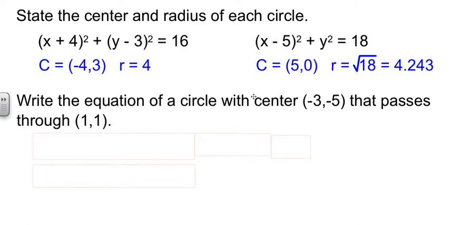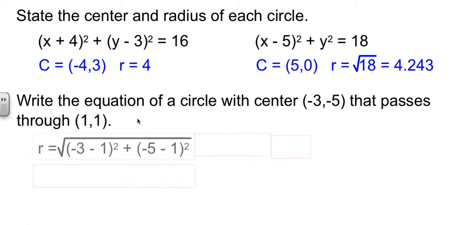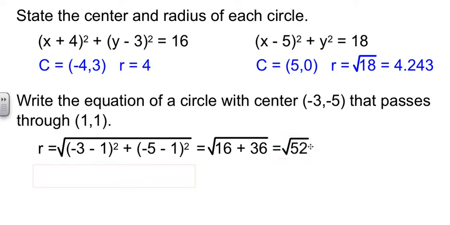We can use the distance formula, your old dear friend here, to find the length of that radius. Plugging in the values and doing a little arithmetic, we get the square root of 52. You'll notice I'm not getting a decimal for that, because I know the equation is just going to turn around and say r squared. So I can square this easily. The square root of 52 squared is just 52.